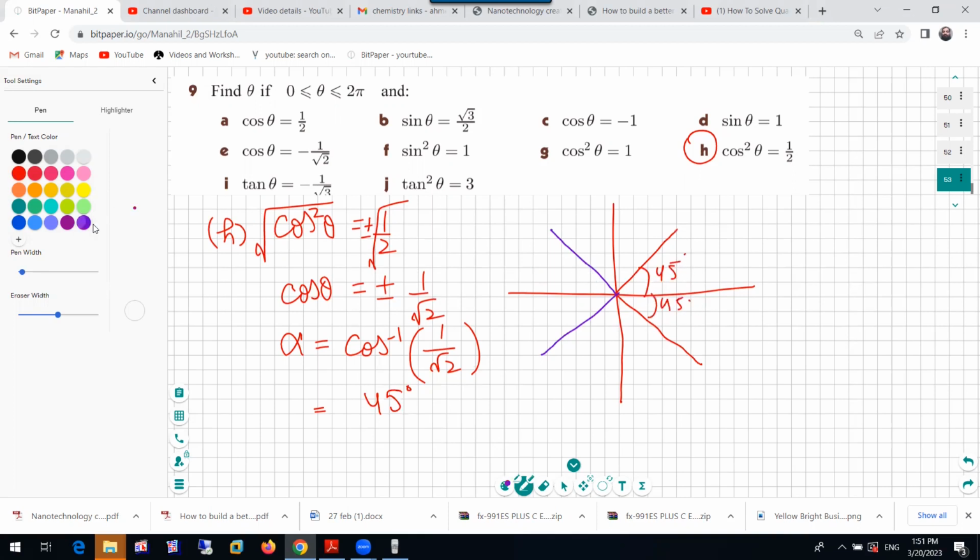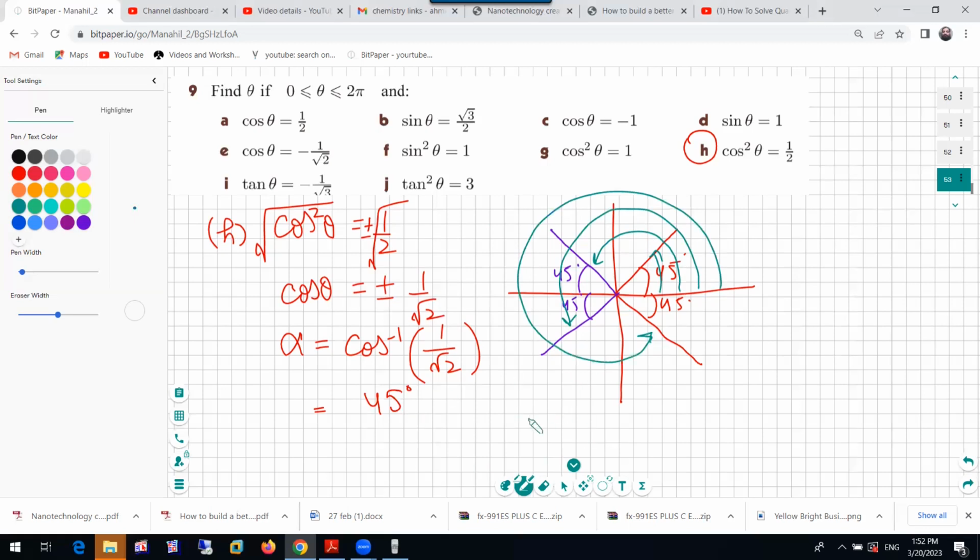And this is 45 as well. Basic angles are always measured from the x-axis in any direction. Now, because we have the range 0 to 2 pi, meaning 0 to 360, the first angle will be this one, second will be this, third will be this, and the fourth will be this, right?